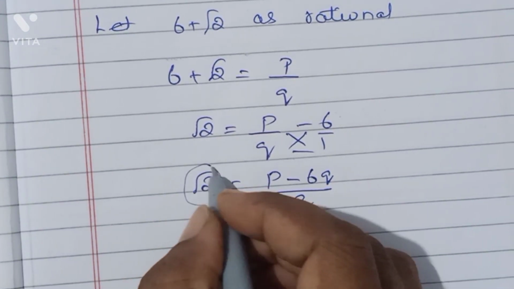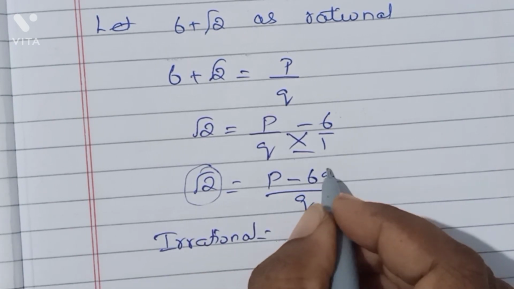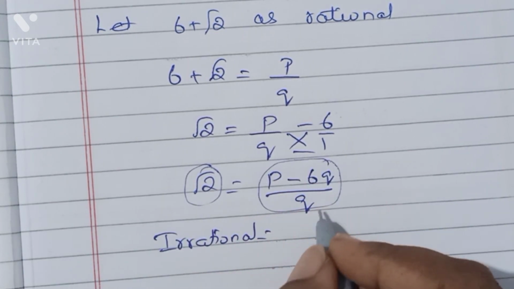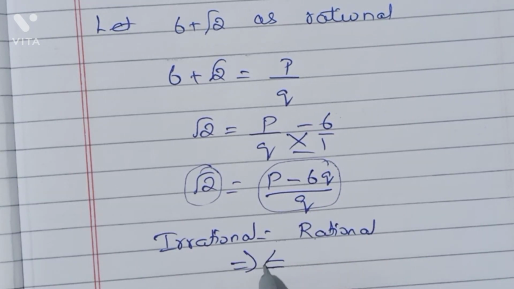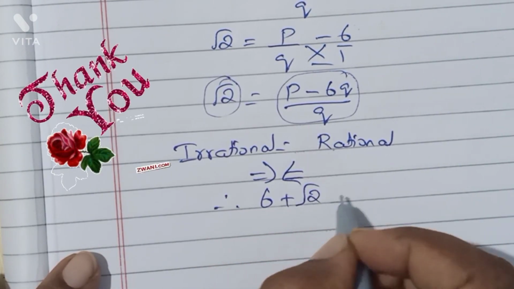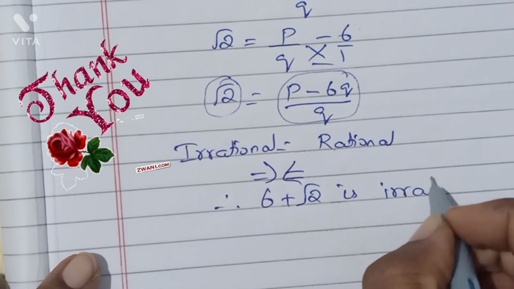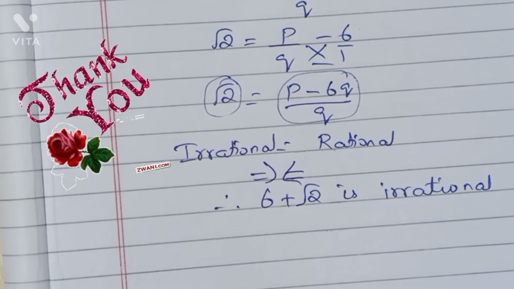This is an irrational number because we already proved root 2 is irrational. But this is of the form p by q, so it is a rational number. This is a contradiction to our assumption. Therefore 6 plus root 2 is an irrational number. So this is the answer for sum number 3, third subdivision.